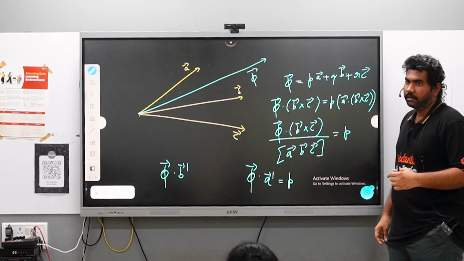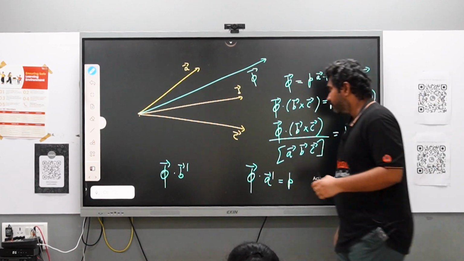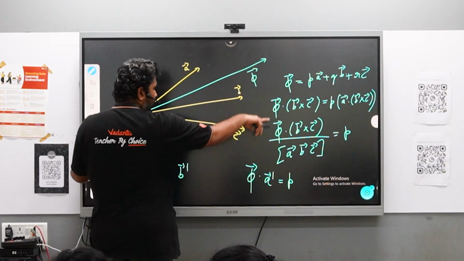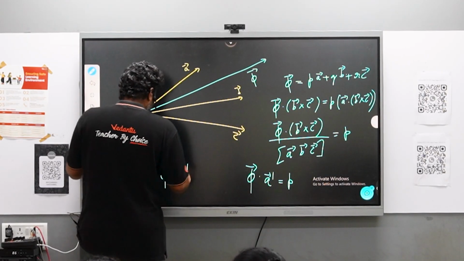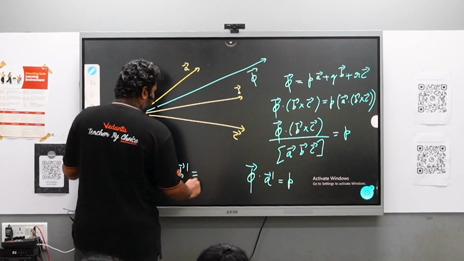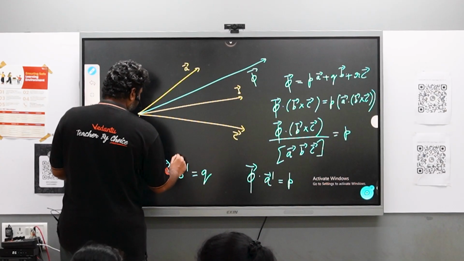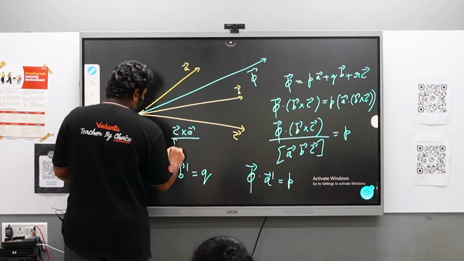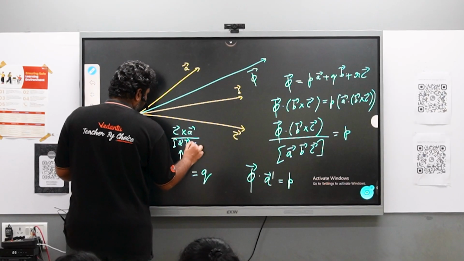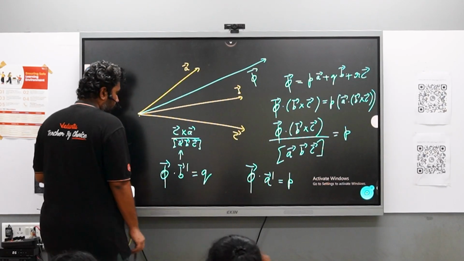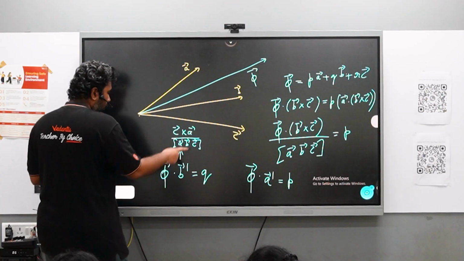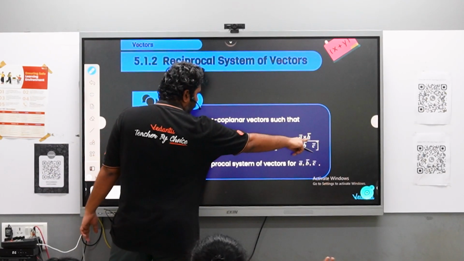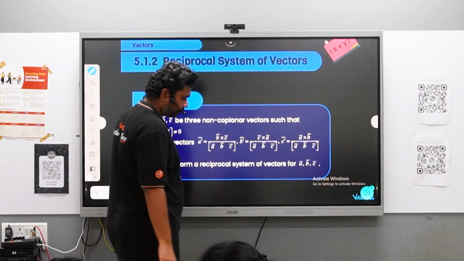A cross C. In that case, multiply it by C cross A, you will get Q. So here B vector dash is going to be C cross A by the box product A vector, B vector, C vector. And similarly you can say the C vector dash as A cross B by the box product of ABC.